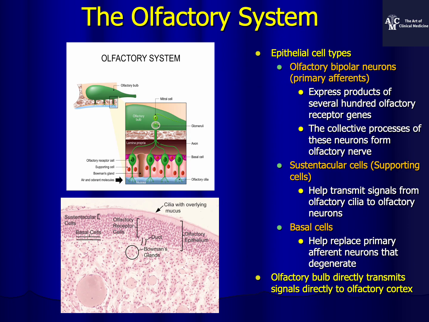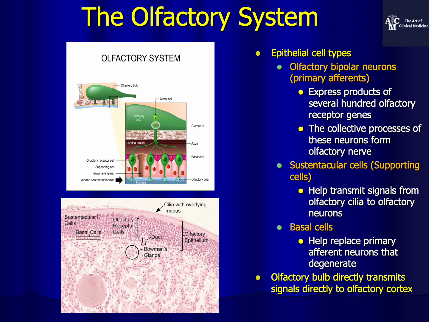This particular slide now shows in more detail how that olfactory bulb is linked to the mucosa. The olfactory bipolar neurons, which are further down, are the primary afferents. They express products of several hundred olfactory genes, and this forms the neurons of the olfactory nerve.